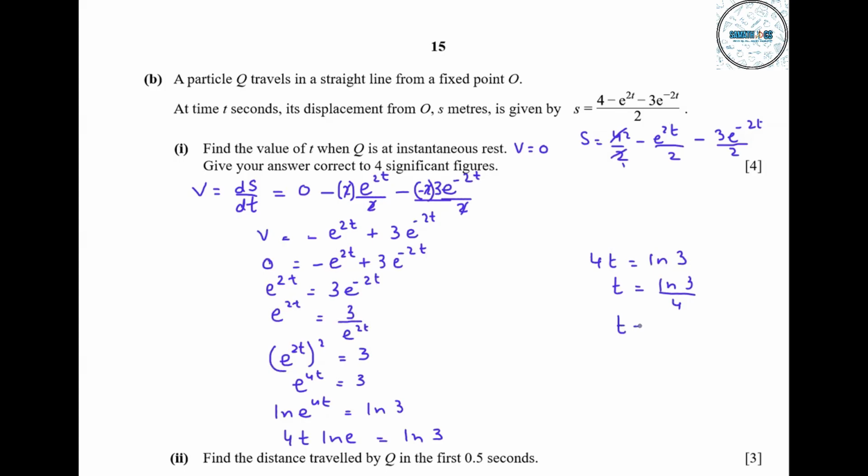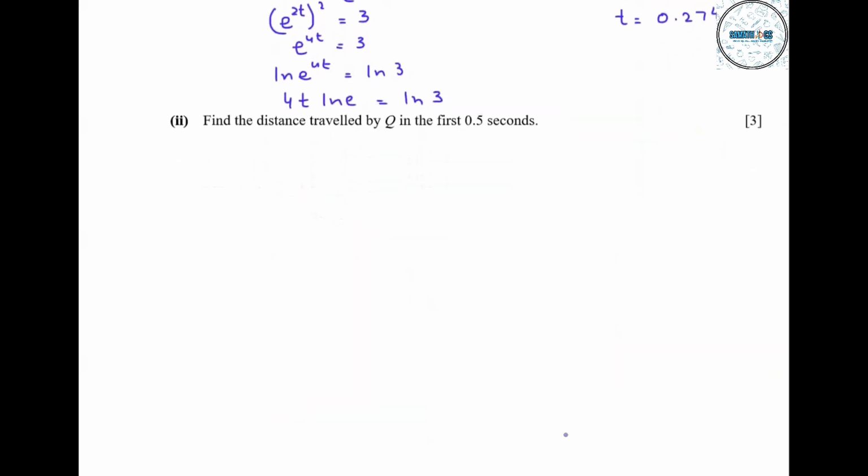So t is equal to 0.27465, which when rounded off to 4 significant figures will become 0.2747. Part 2. Find the distance traveled by Q in the first 0.5 seconds.